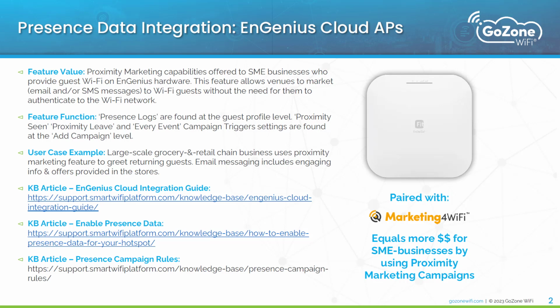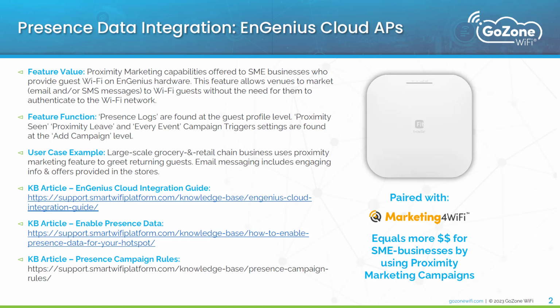Now that those guests have authenticated to that existing network through that EnGenius hardware, or any other hardware type that is also able to run the proximity marketing features, when a guest comes back under the network, even if they haven't authenticated, the network is going to recognize that device and trigger those proximity email and/or SMS marketing campaigns.